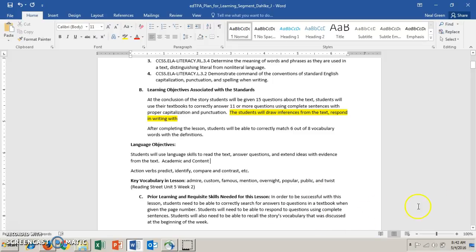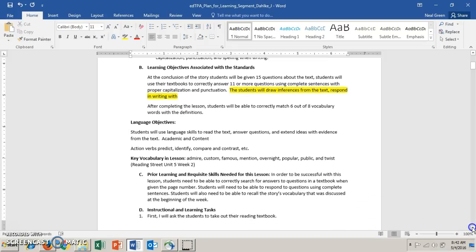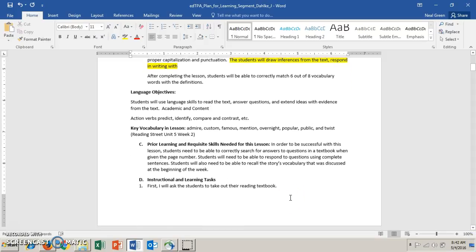And then I'm going to go down to your prior learning and prerequisite skills. Let's see. In order to be successful with this lesson, students need to be able to correctly search for answers to questions in a textbook. When given the page number, students will need to be able to respond to questions using complete sentences. Students will also need to be able to recall the story's vocabulary that was discussed at the beginning of the week.